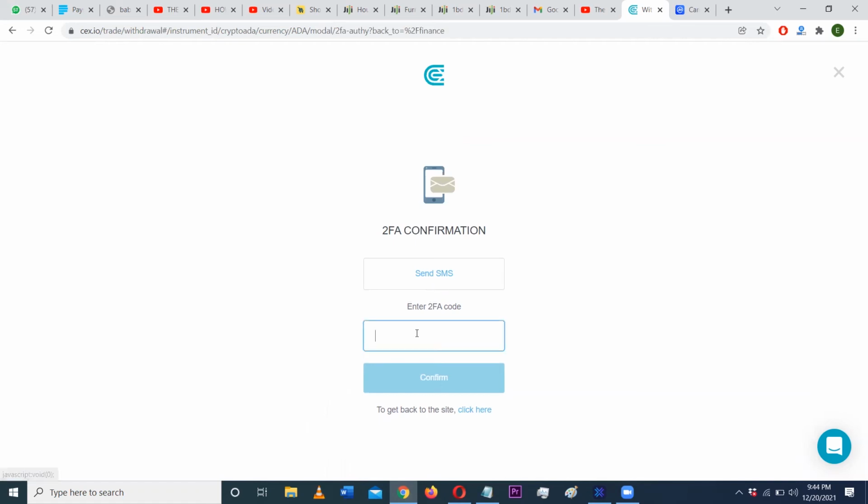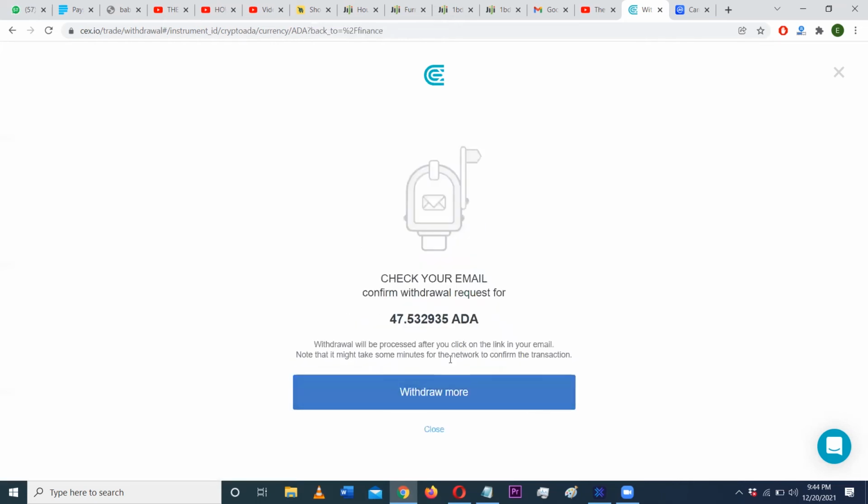The code is 1673753. They do this so that in case anybody ever has access to your account, they can't withdraw it. Unless they have access to your phone, they won't be able to withdraw your money, or to steal any of your cash.